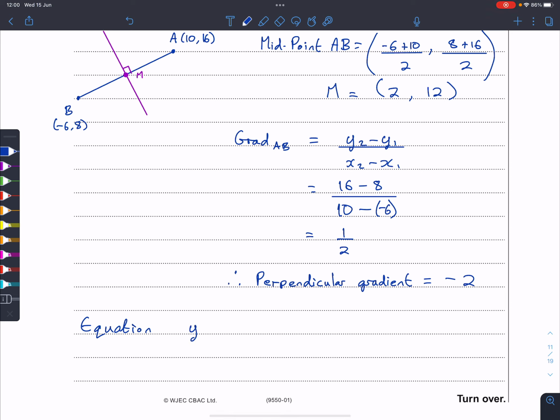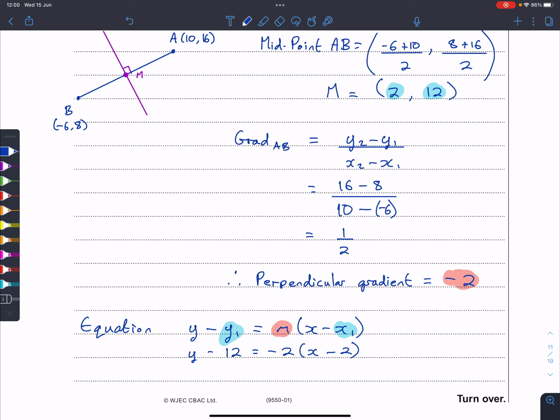I'm going to use y minus y1 equals m, the gradient, times x minus x1. My x1 and my y1 come from the midpoint, and my gradient is there. If I make my substitutions, I get y minus 12 equals negative 2 lots of x minus 2.